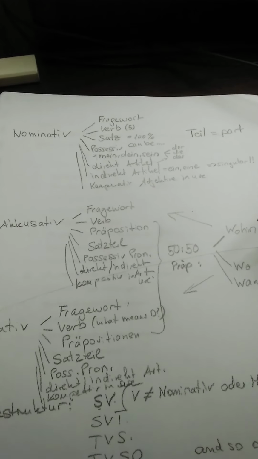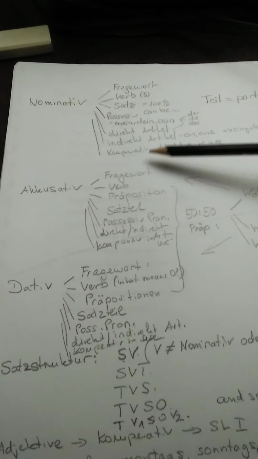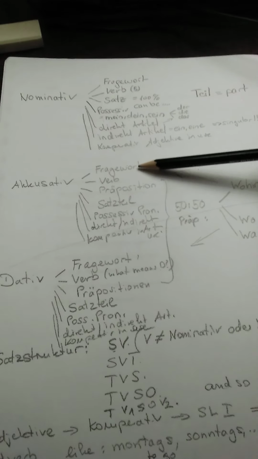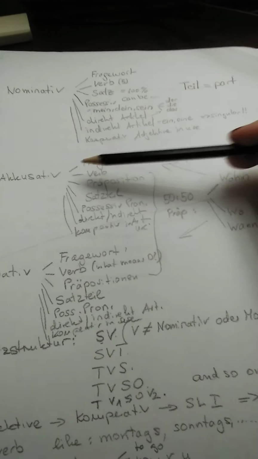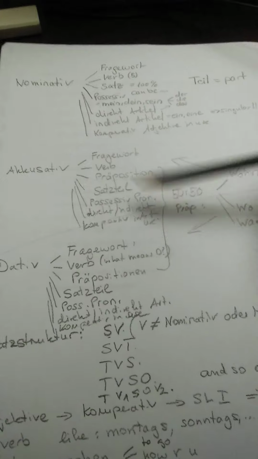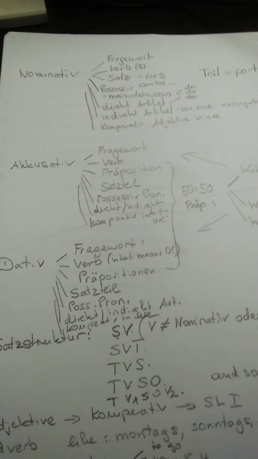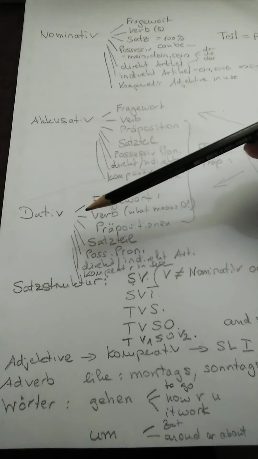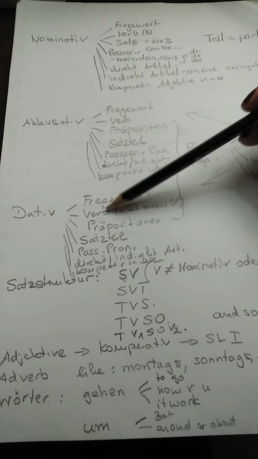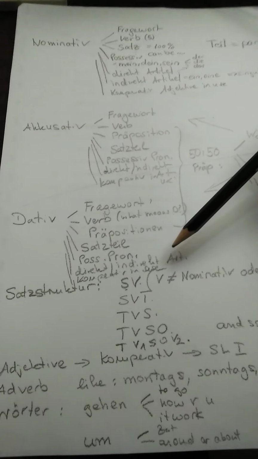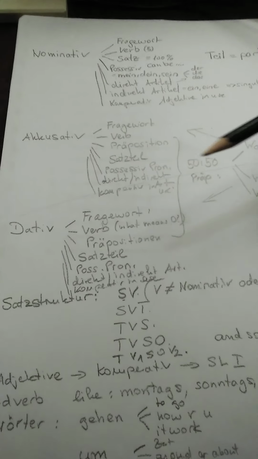I was explaining everything. The same way we have maybe in accusative. So we have the Fragewort in accusative. We have Verben. You must know what is what based on how it's connecting together. I explained all. And the same in dative. Fragewort, Verb, Präposition, maybe ein Satzteil, a part of a sentence, mit oder zu.